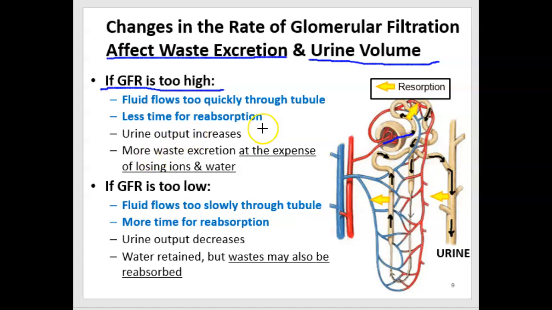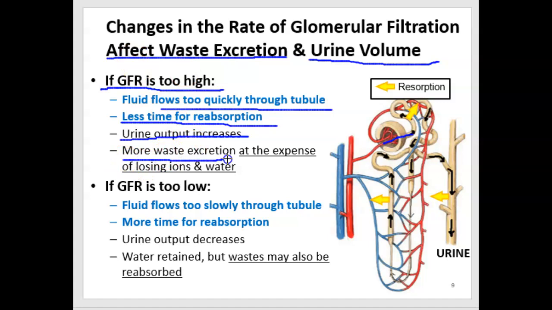The more filtrate that's produced, then the tubular fluid is going to flow really quickly through the nephron. And if it flows quickly, there's less time for resorption and less contact time with the wall of the nephron. So you are going to get an increase in urine output, which only makes sense. If your filtration rate is high, you should get more urine output.